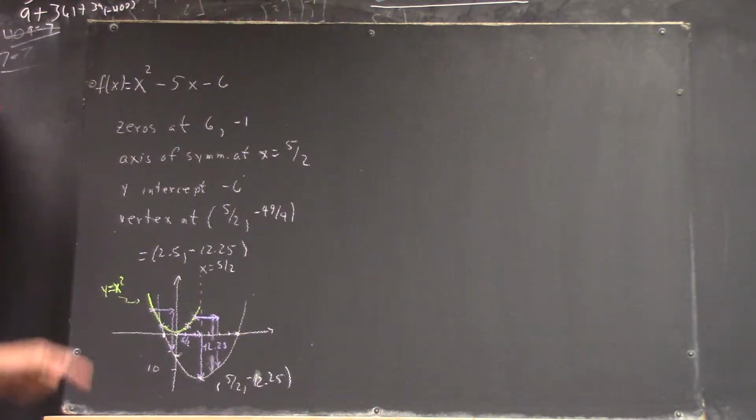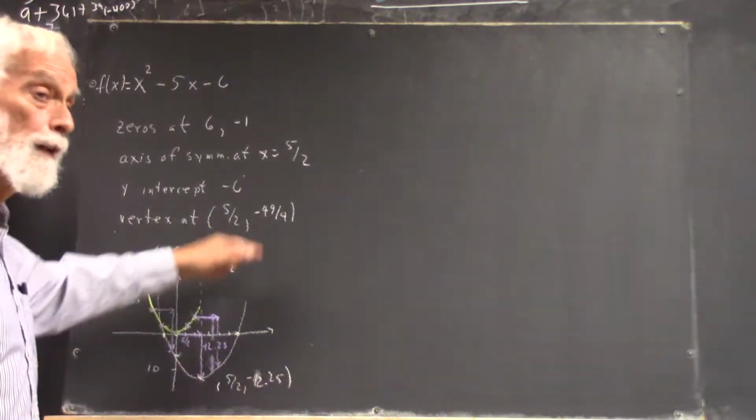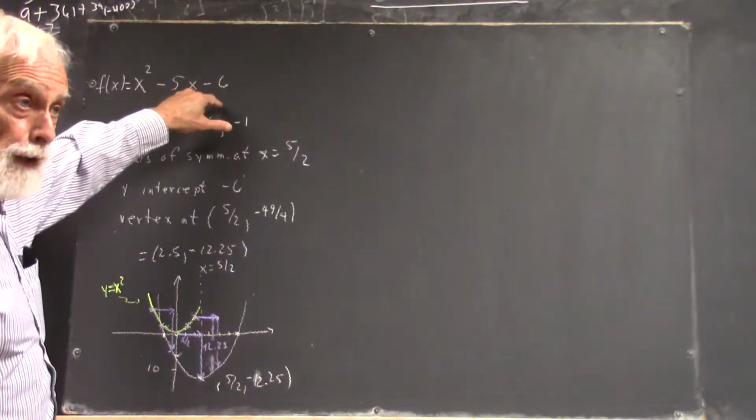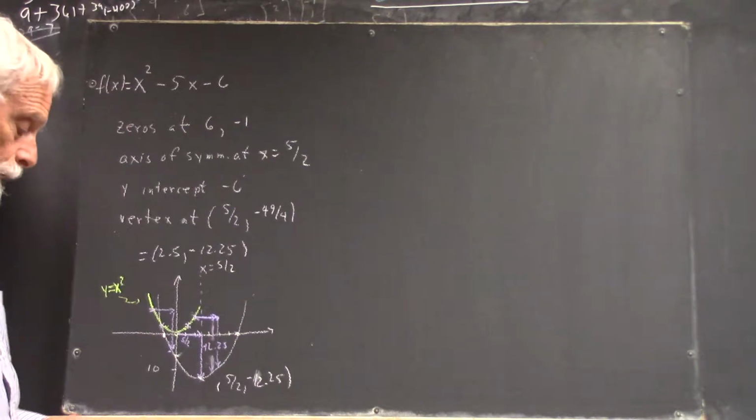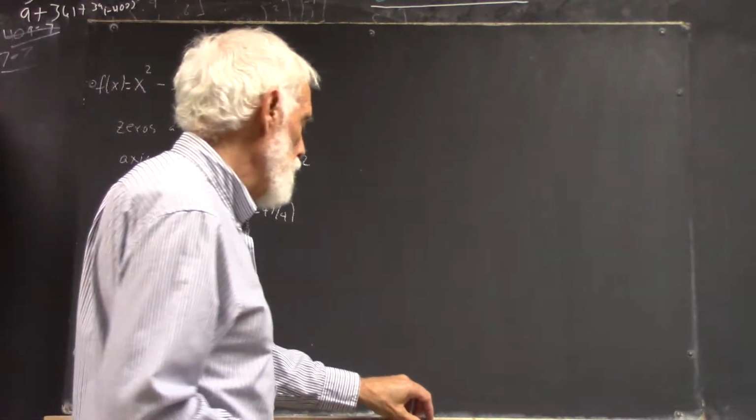I do that with all the points in the whole graph of y equals x squared, and I get the whole graph of y equals x squared minus 5x minus 6. Okay? So we can see that we have a horizontal shift.